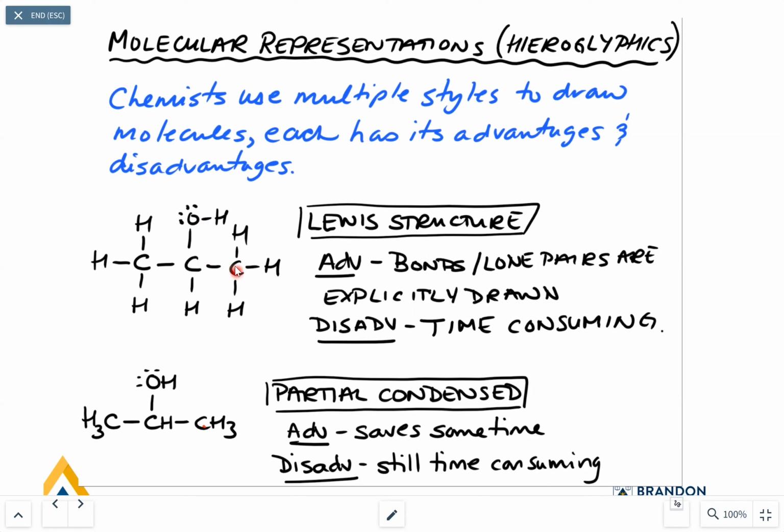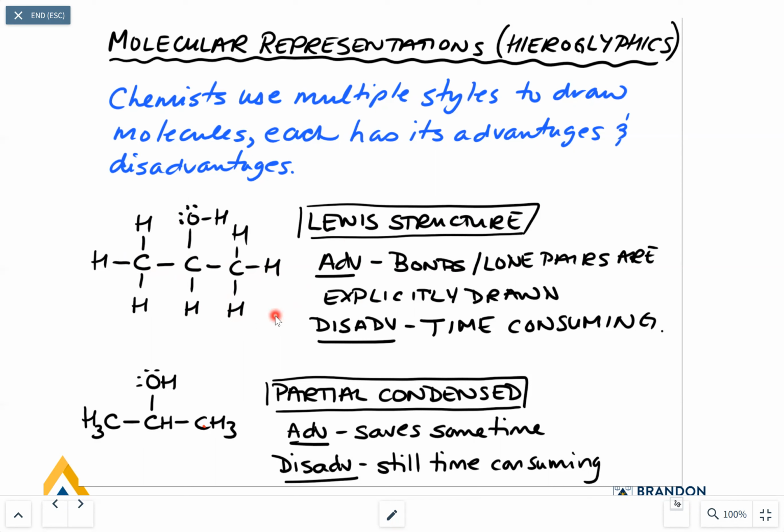Each atom is explicitly drawn: carbon, which is bonded to 3 hydrogens and another carbon; carbon, which is bonded to an oxygen. And you draw the lone pairs on the oxygen, so you know that oxygen has some lone pairs. The advantage of a Lewis structure is that every single bond is explicitly drawn and you know exactly what everything is connected to.